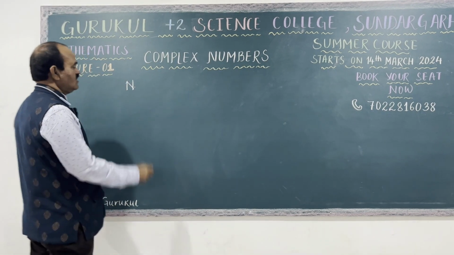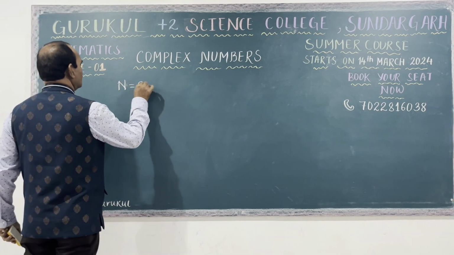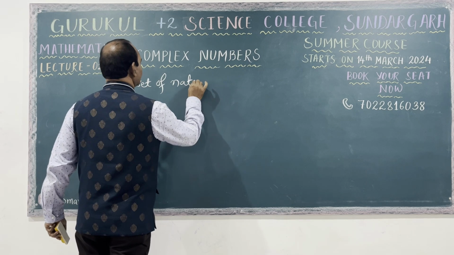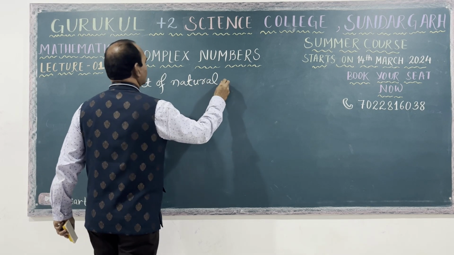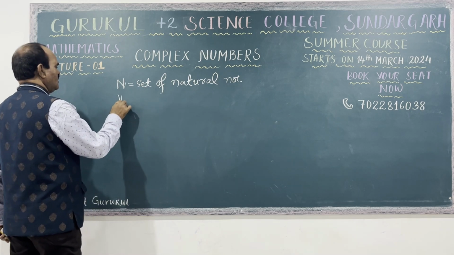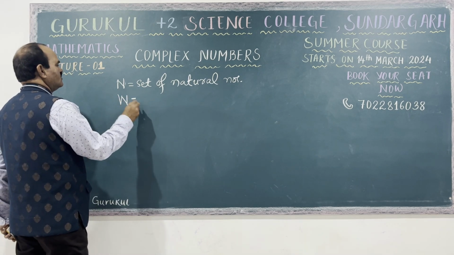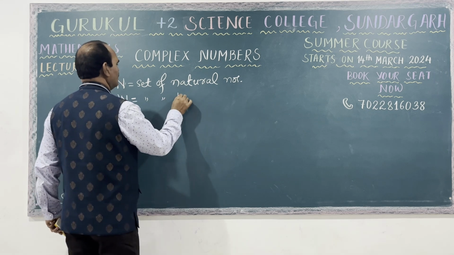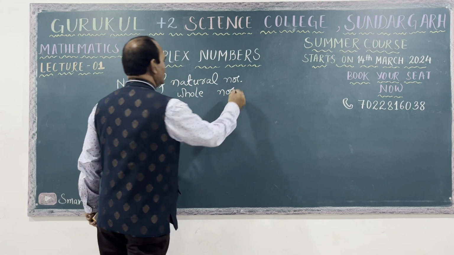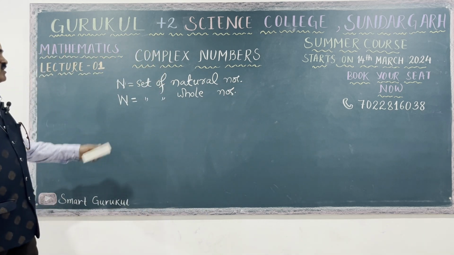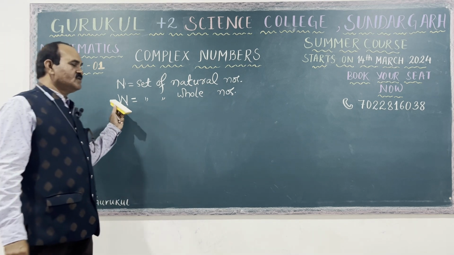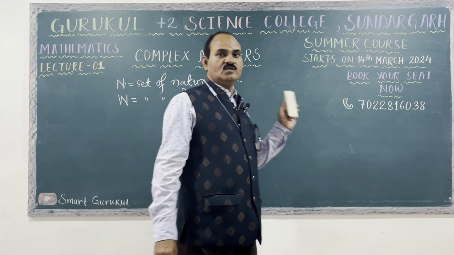This is called the set of natural numbers. Similarly, the W set is called the set of whole numbers. And what is the set of whole numbers? This is the same as natural numbers, but the whole numbers include 0 also.